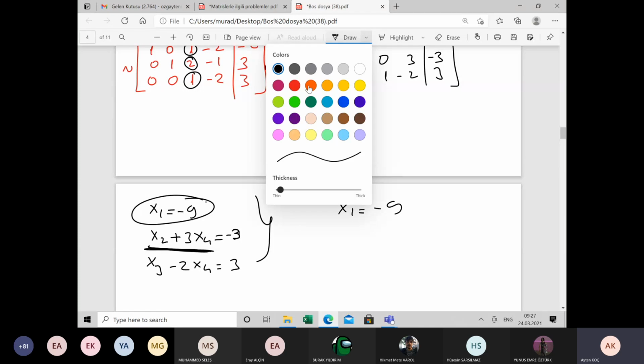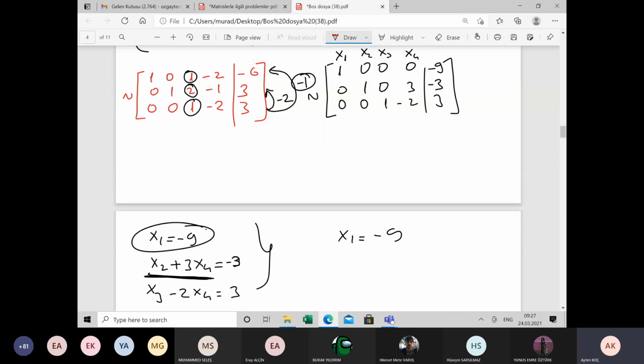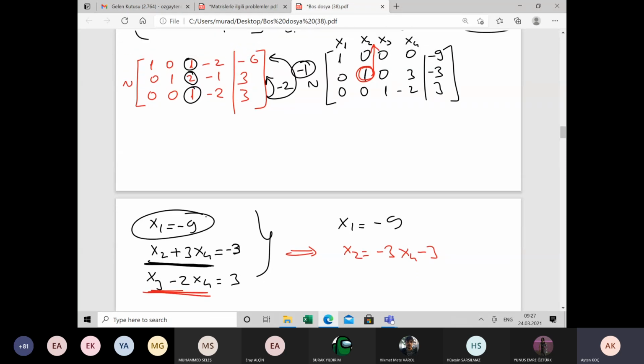The leading one is associated with x2, so solving for x2 means x2 is minus 3x4 minus 3. And here we have two unknowns, x3 and x4. Solve for one of them. This leading one is associated with x3, so x3 is 2x4 plus 3.